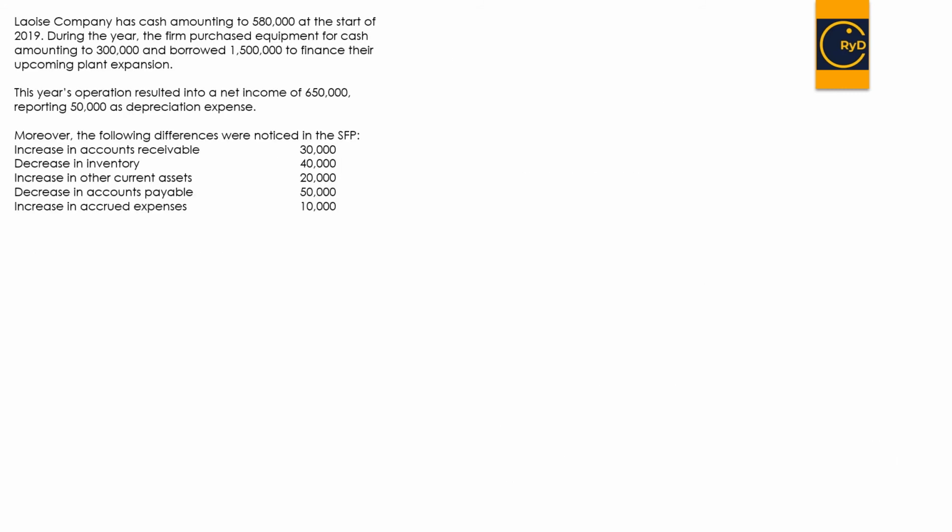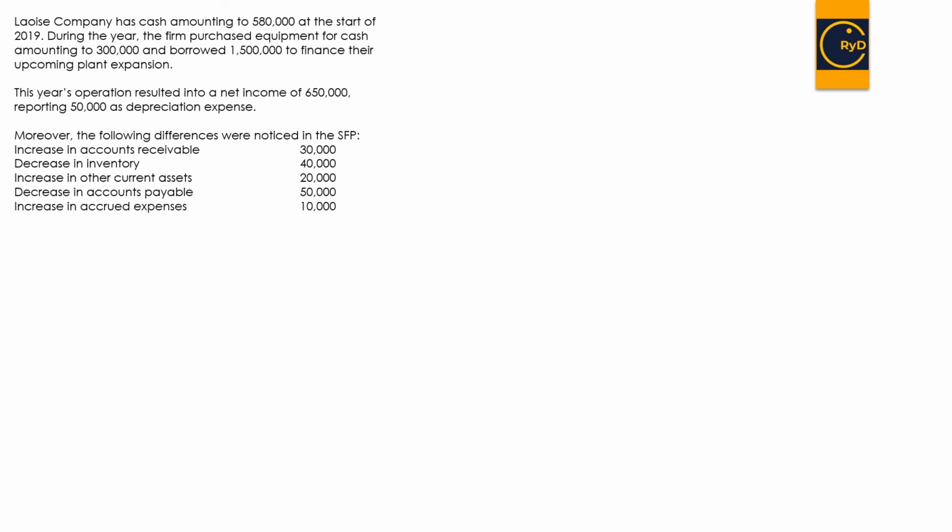Then for our next problem, we have here Lisha Company has cash amounting to 580,000 at the start of 2019. During the year, the firm purchased equipment for cash amounting to 300,000 and borrowed 1,500,000 to finance their upcoming plant expansion.